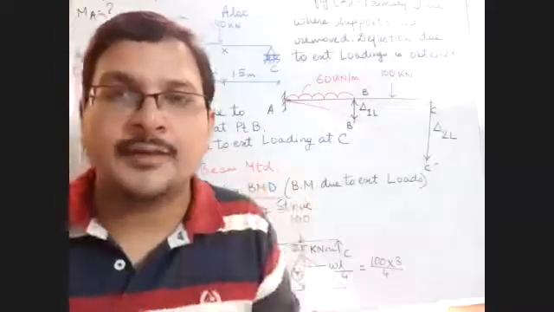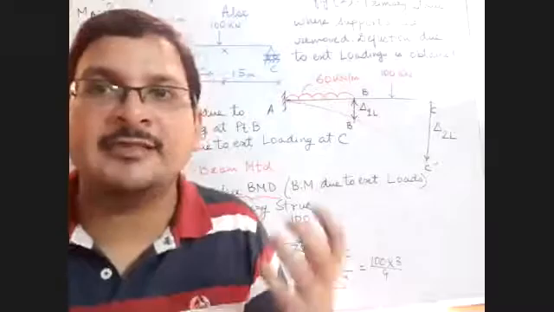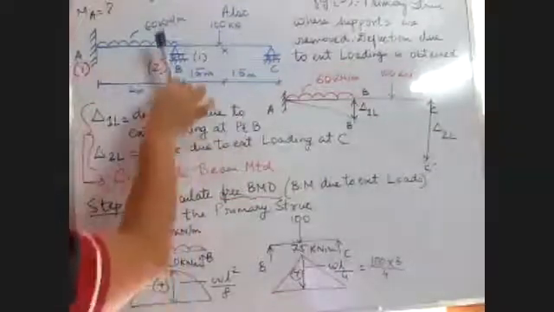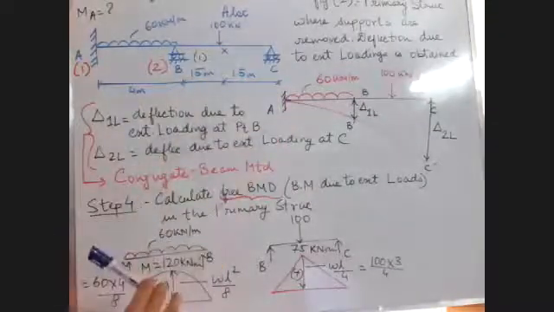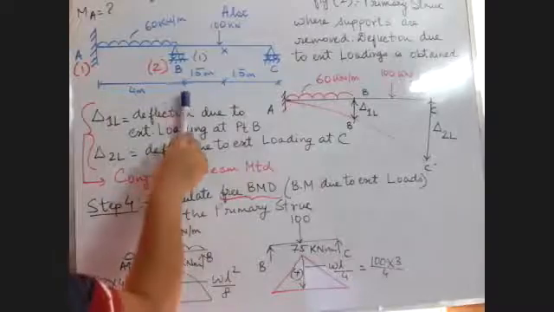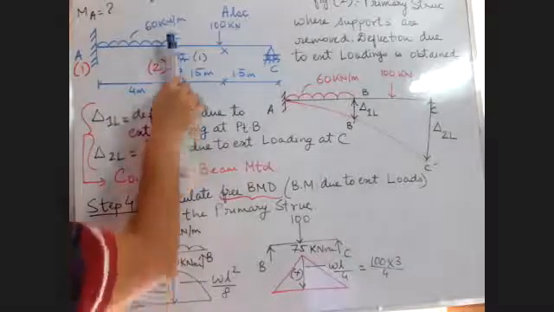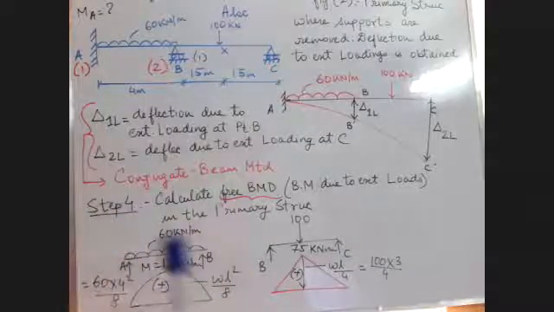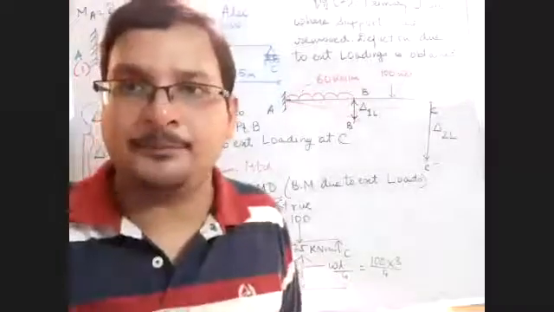We use the moment area theorem when the unknowns are reactions. Please make sure, if I put reactions as unknown, then I will take the moment area method.